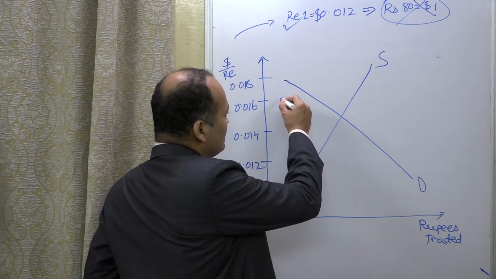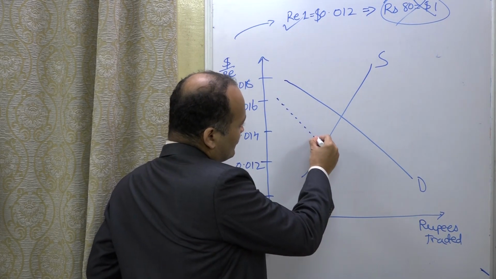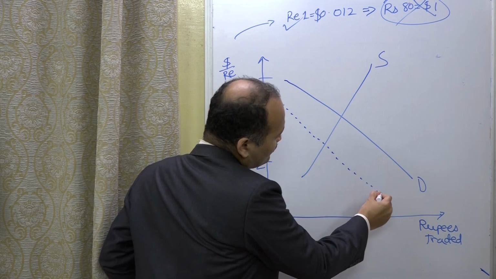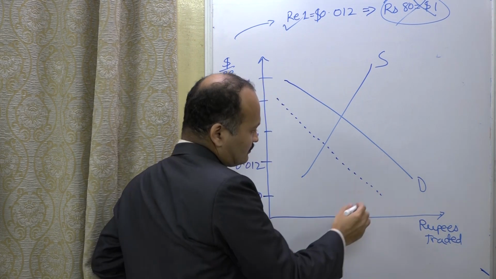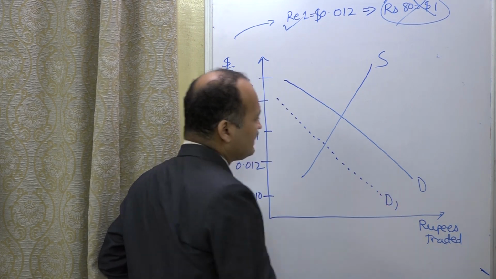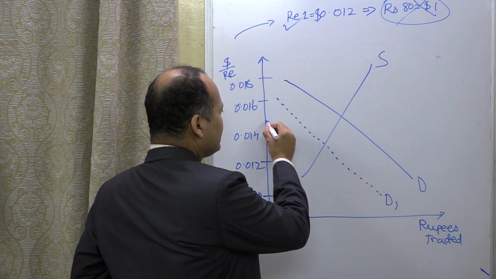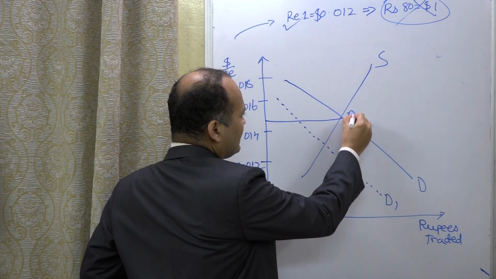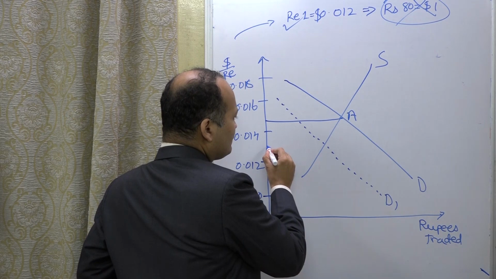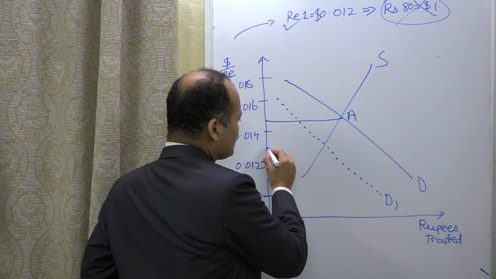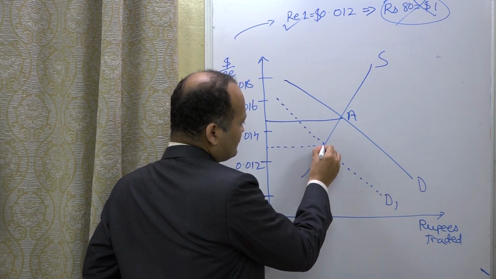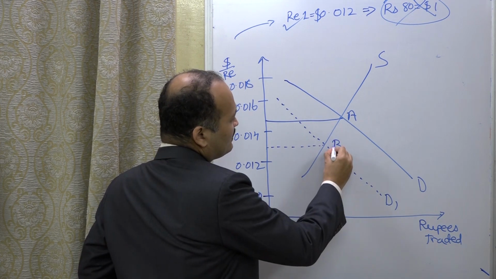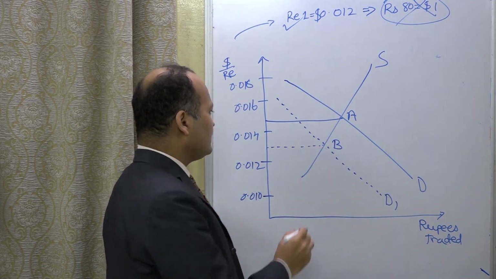So that will cause a leftward shift in the demand curve for rupee. Initially I was at point A, and because the supply curve has not shifted, I get the new equilibrium at point B.